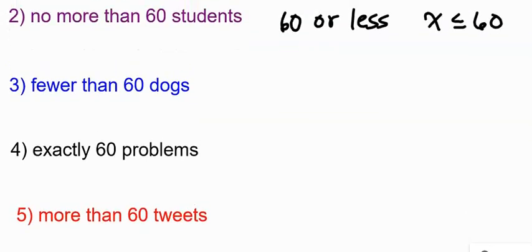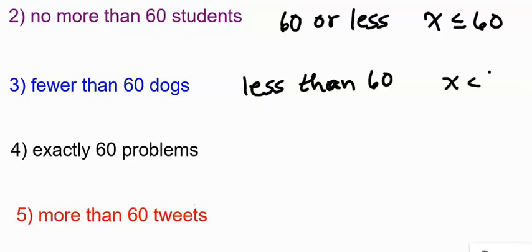The next one says fewer than 60 dogs. If I say there's fewer than 60, that means there's not 60 there. There's stuff that's fewer than that, lower than that. So that means less than 60, so x is less than 60. If we say exactly 60 problems, that means it's just 60.